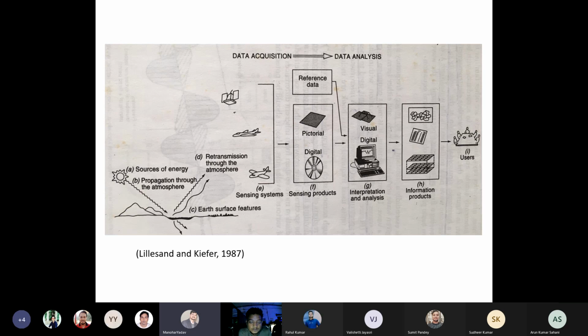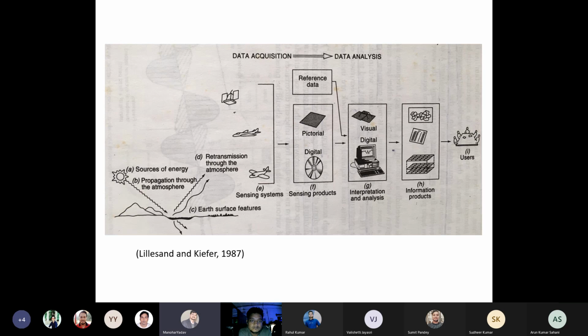So there is no need to again plan the flight survey, and no need to fly an aircraft to collect the images. There is also a requirement of some manpower resources, but in the case of satellite imaging, all these things are not required.